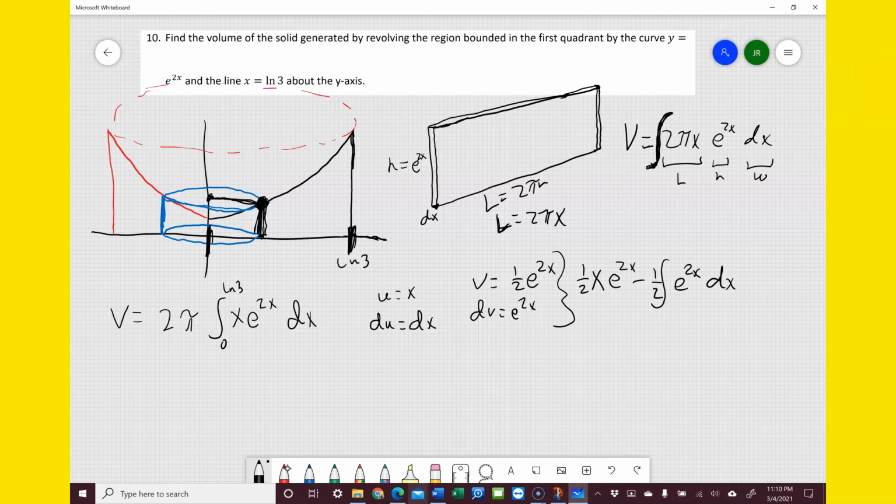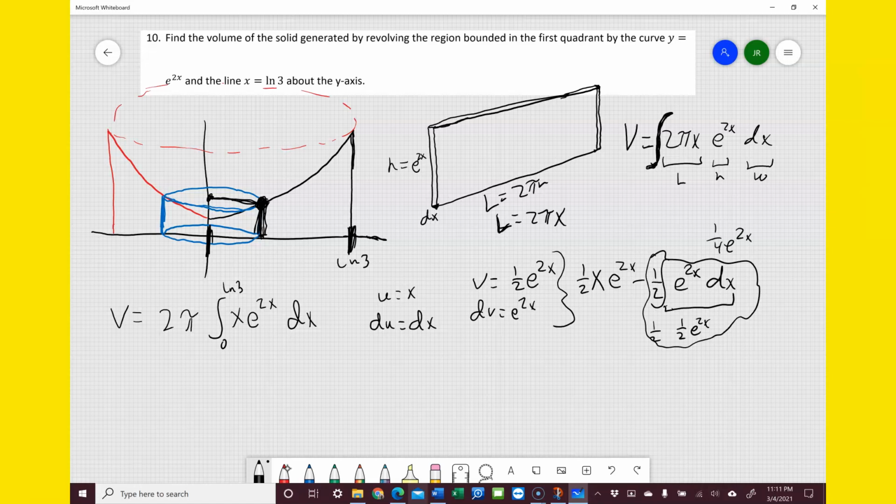Okay, now integrate this, and the integral of e to the 2x is 1/2 e to the 2x. And I still got that 1/2 out there as well, so this whole thing is 1/4 e to the 2x.